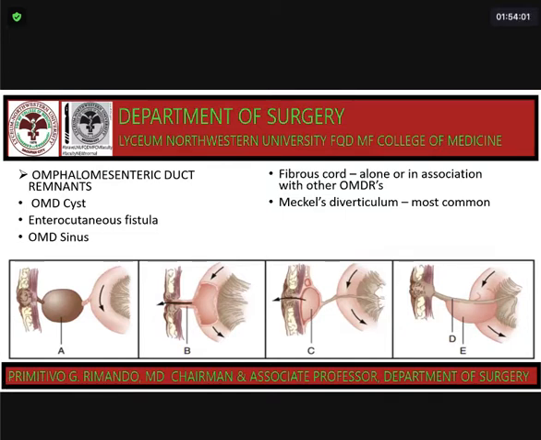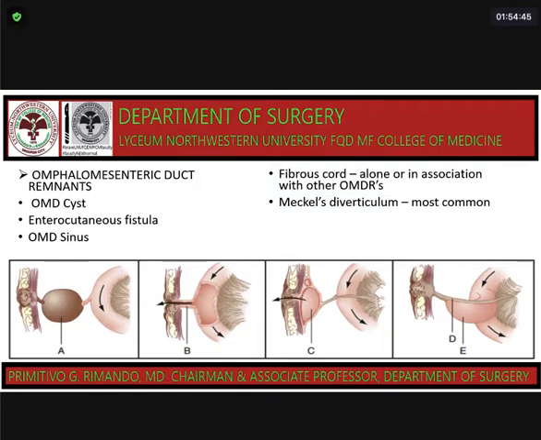Other abnormalities discussed in the textbook are your omphalomesenteric duct remnant and your urachal remnant. Again, remember in embryology, at the 7th to 8th week, the intestines were out of the body cavity, floating inside your mother's womb.